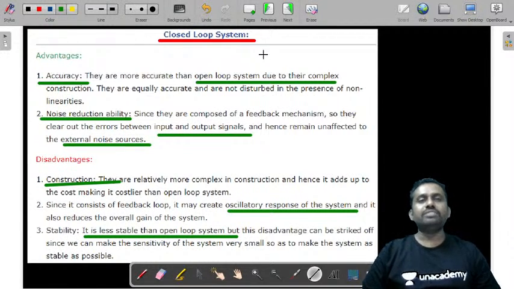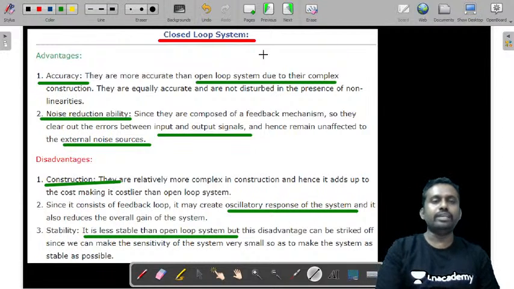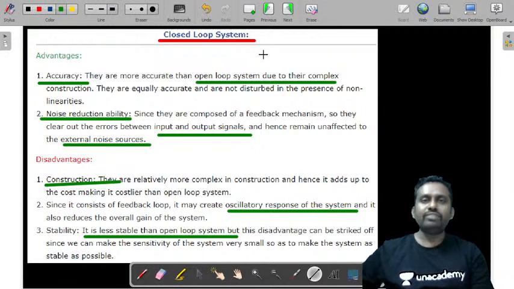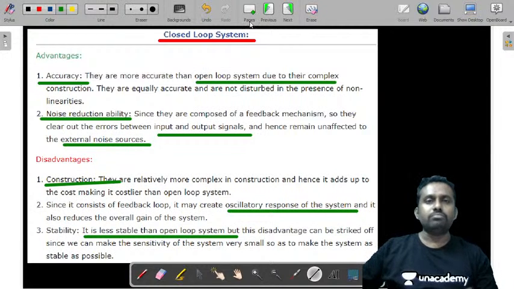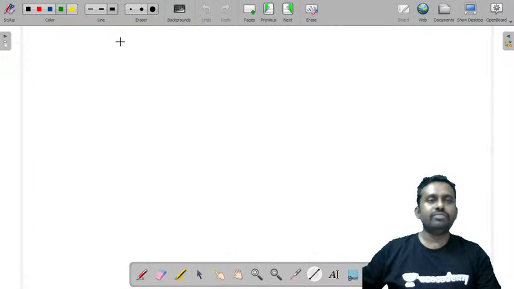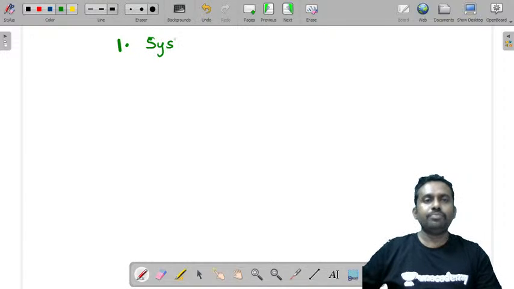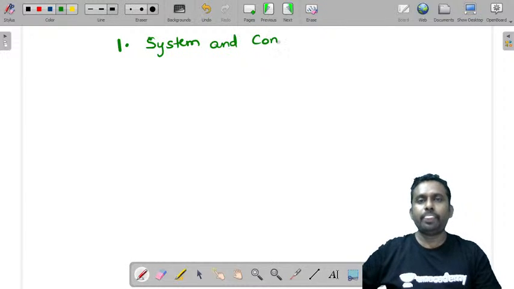Till now, I'll just give you a quick review of what we have read till now, because we have been discussing some points. Maybe you must have lost the previous ones, those who have joined just now. We have seen what is a system and what is a control system.